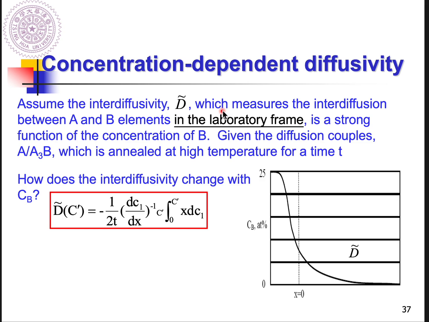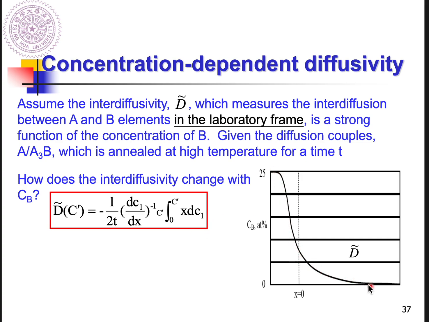Based on the question, you know the interdiffusivity is a strong function of CB. It is no longer a constant. So based on the equation you derived in the previous slide, we know the diffusion time period t, and the interdiffusivity D is a strong function of CB. It will be related to the reciprocal of the concentration gradient of CB, right?